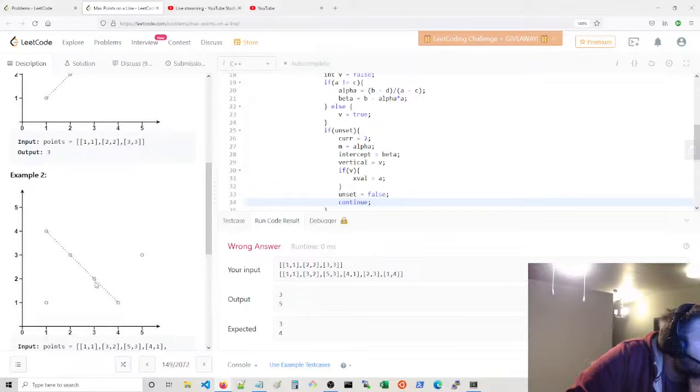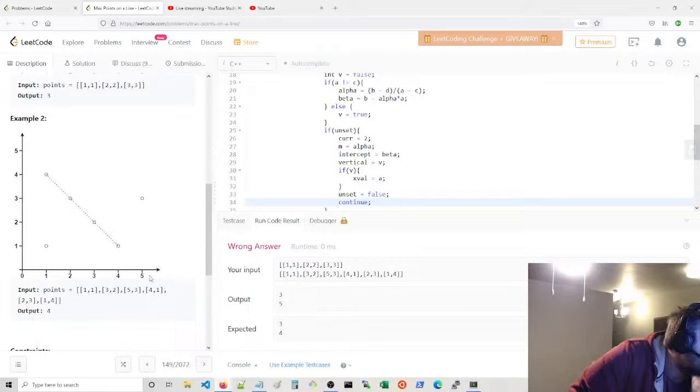We compare 3 2 to all the other points. This line should be the same as all these other lines. The first one we pick, I guess, would be 5 3. So we pick that line 5 3, and try to match everything against that line, and that doesn't work.